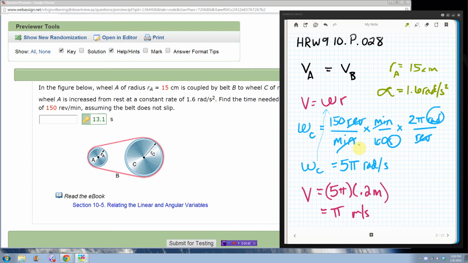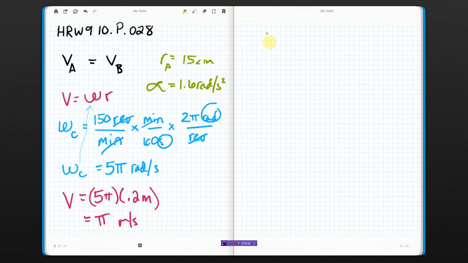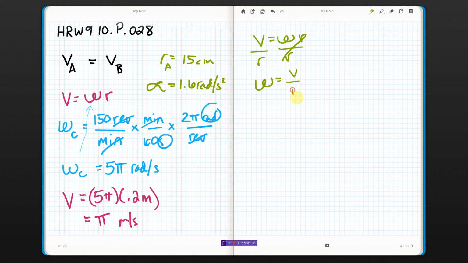All right, full screen. So again, now I'm going the other way, so I want omega. Omega is going to be v over r. v is pi, and r is 15 centimeters, so 0.15 meters. So wheel A started with an angular velocity of 0.